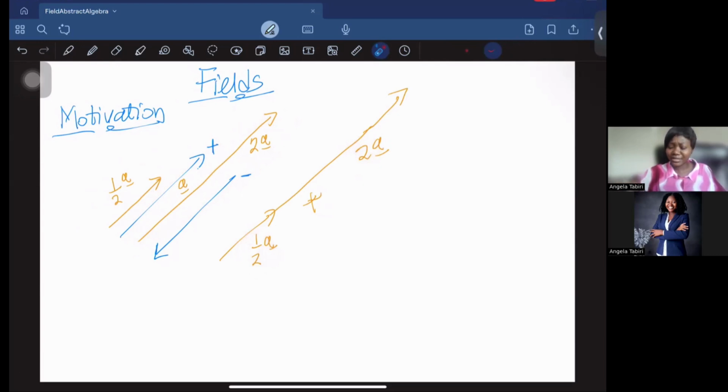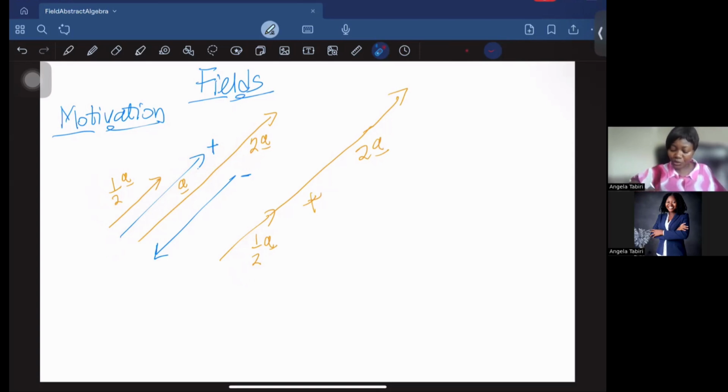Now, these numbers that we have here should have certain properties, and these are the properties that we need in order to get these arrows to be able to be added and scaled. These properties are what we call the properties of a field.